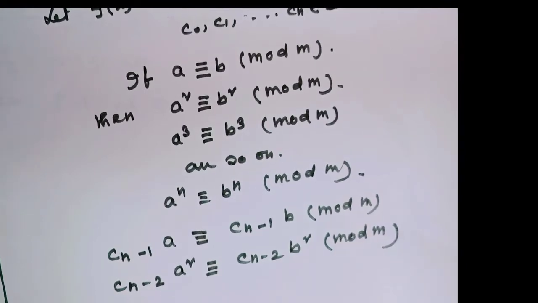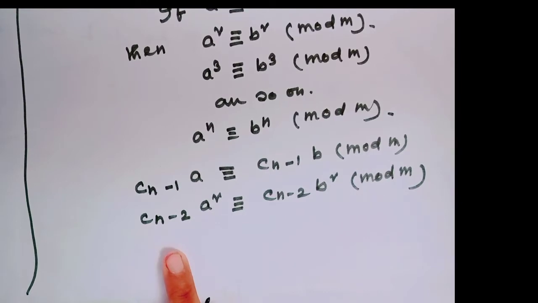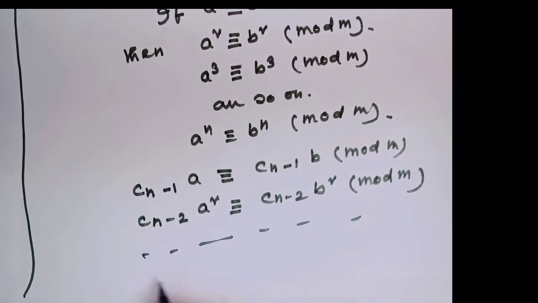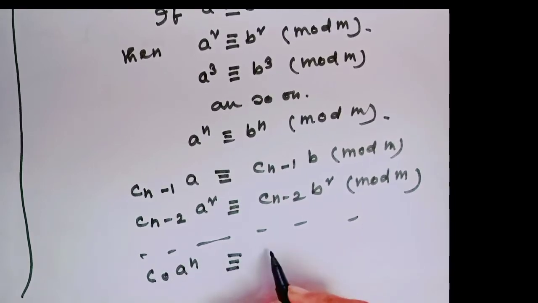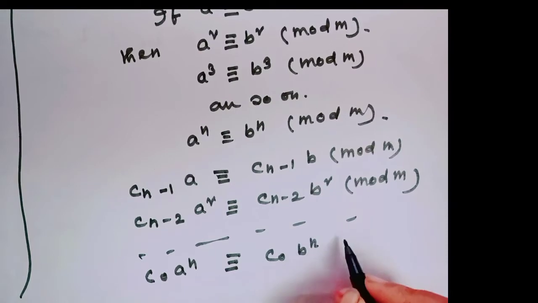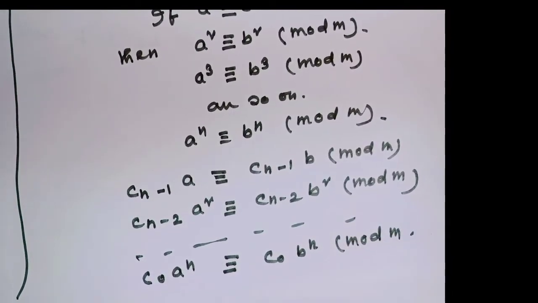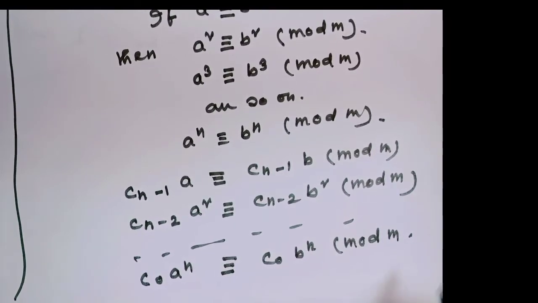Okay, where c(n-2) is also a constant term, and so on. Then c0 a^n ≡ c0 b^n (mod m), where c0 is also a constant term.